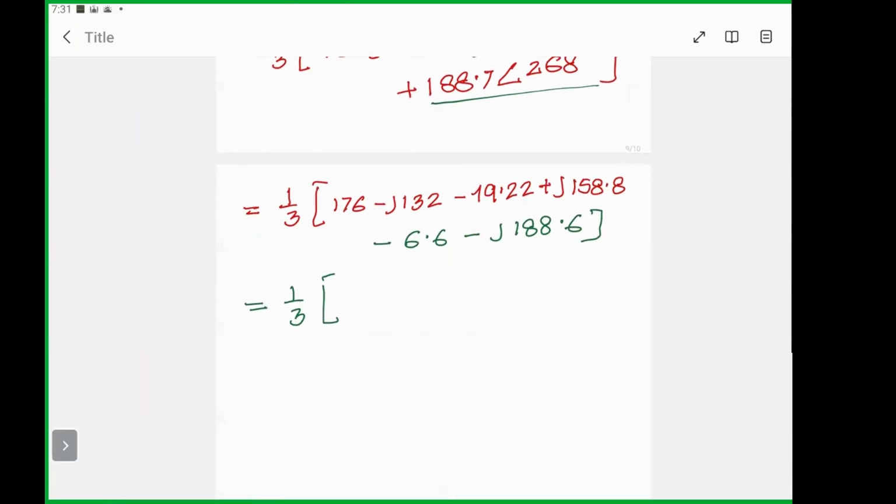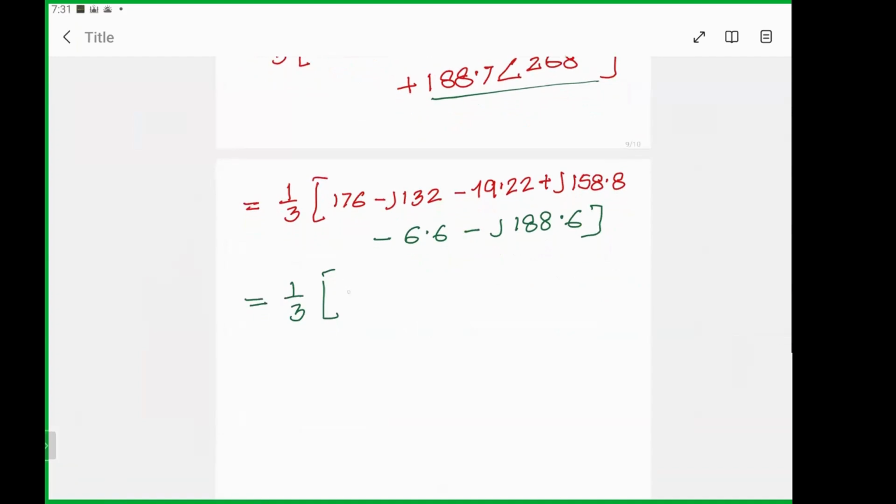Yep. So what is the value? Is it 150.18 minus J161.8? Yeah, 161.8.